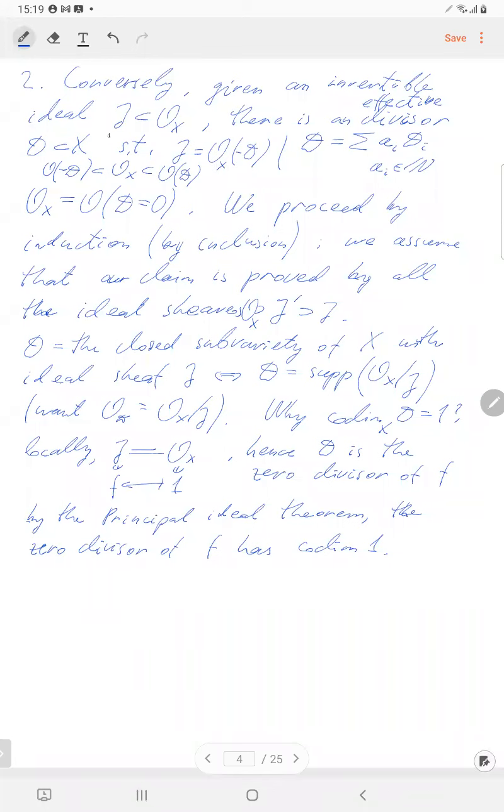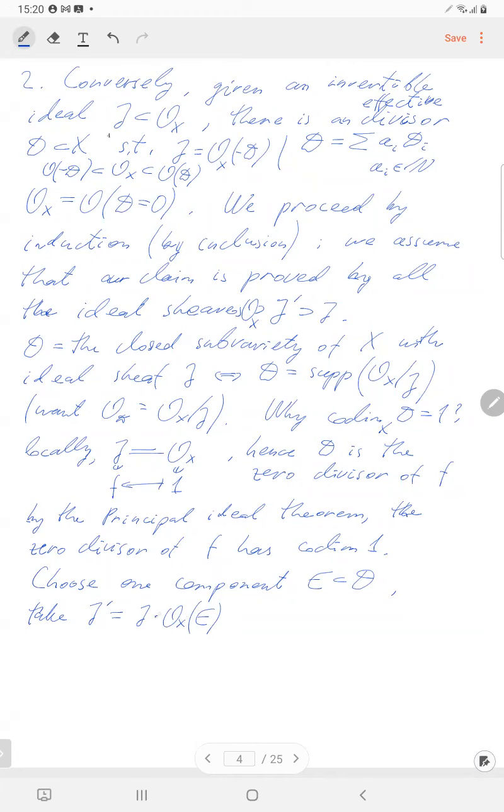So let's choose just one component, say E, inside the zero set D. Let's take our initial ideal J and multiply it by OX of E. You can multiply ideals in this sense.